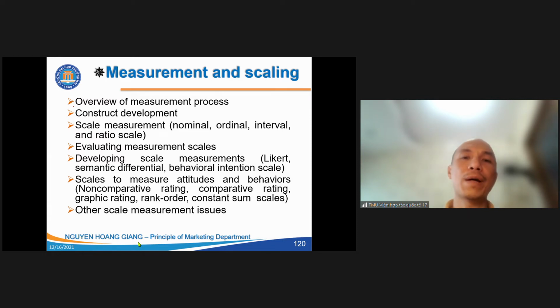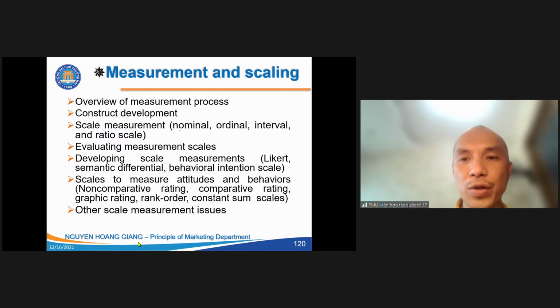We have to think about the process of measurement, and about how to explain the research to the respondents to make them understand and motivate them to answer our questionnaires.